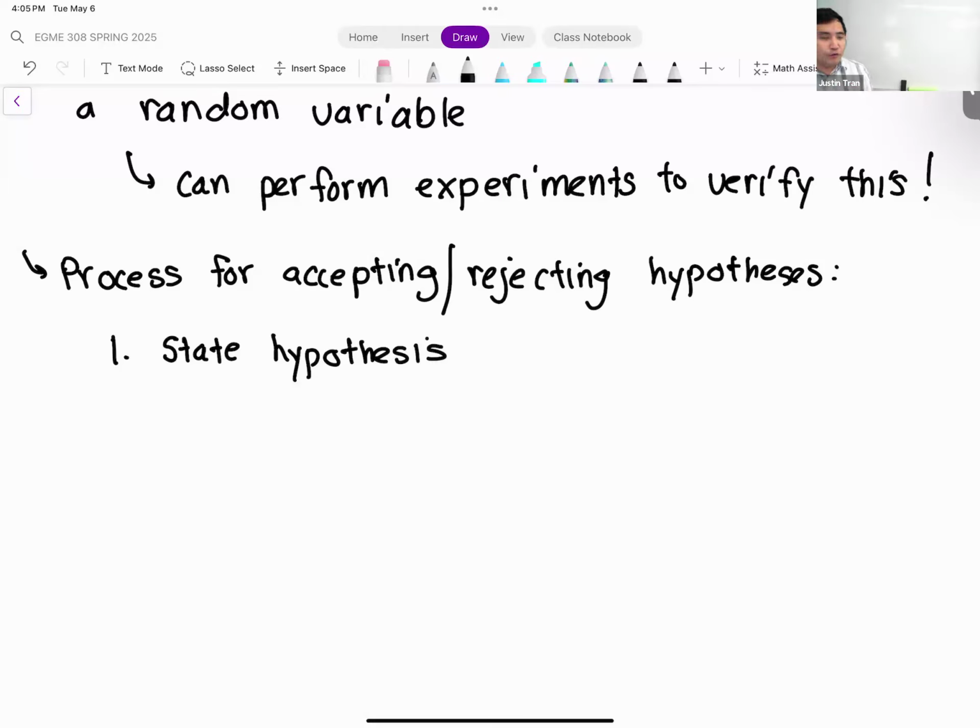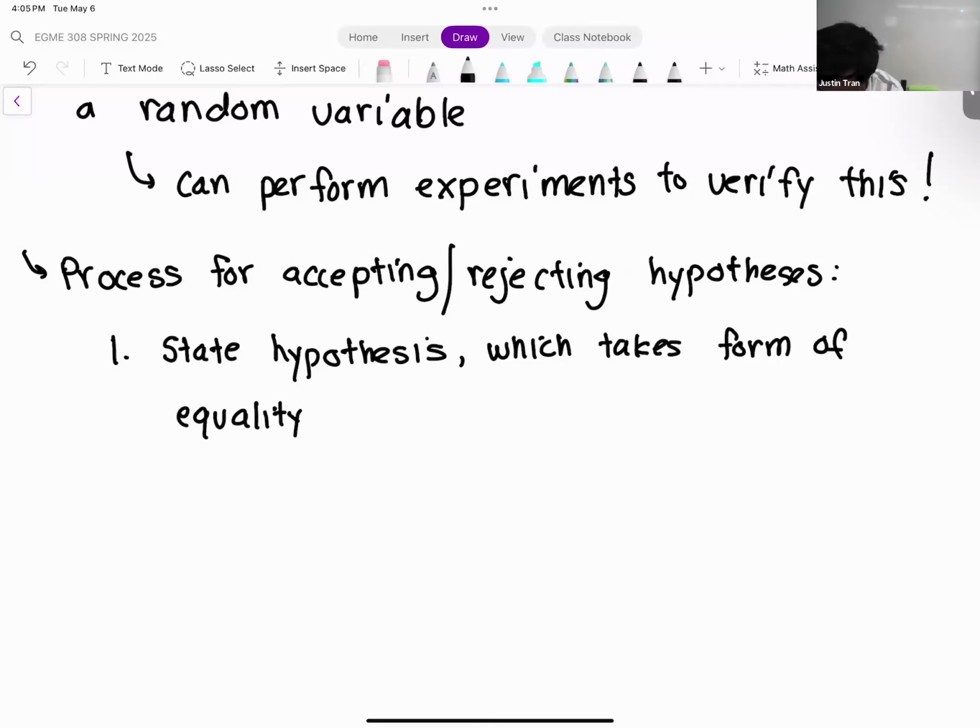Okay? And so for this class, hypothesis will always take the form of some kind of equality statement. So you're going to say that, the value of this random variable is going to be equal to this. Okay? And so what you can say is that, let's say that your random variable is given by X, right?